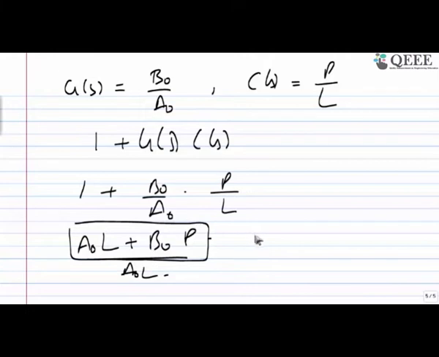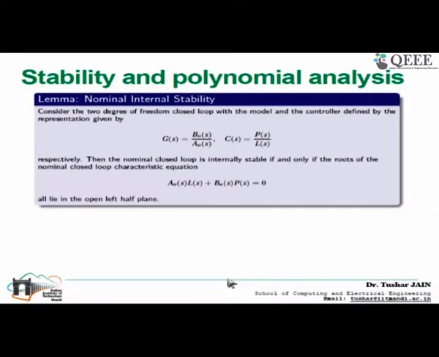So this is also called the characteristic equation, and if I equate it to 0, then the result says that if the roots of this equation lie on the left hand side of the S plane, then your system is internally stable. Let's see how we prove this: that the nominal closed loop is internally stable if and only if the roots of this characteristic equation lie in the left half plane.